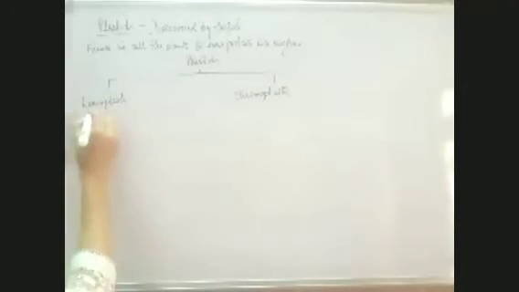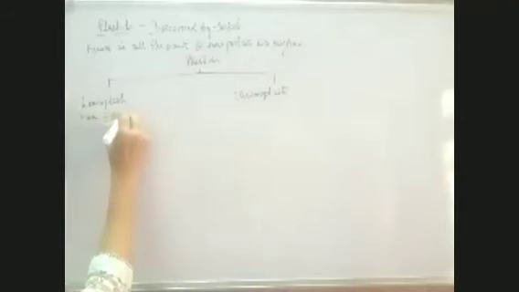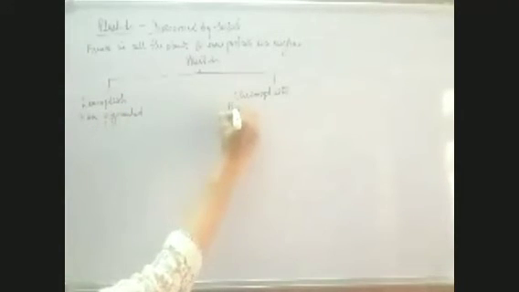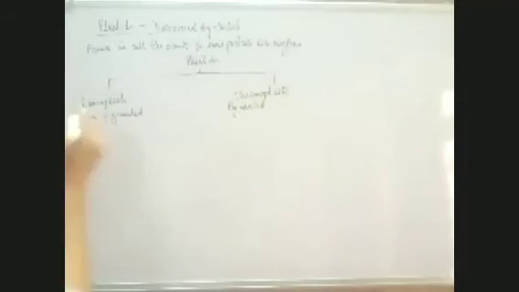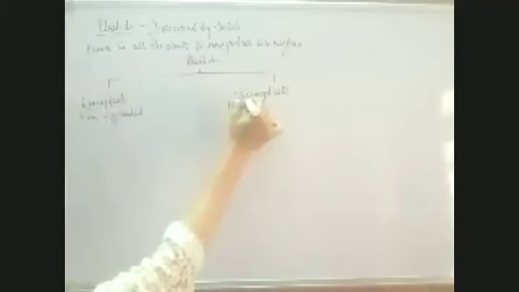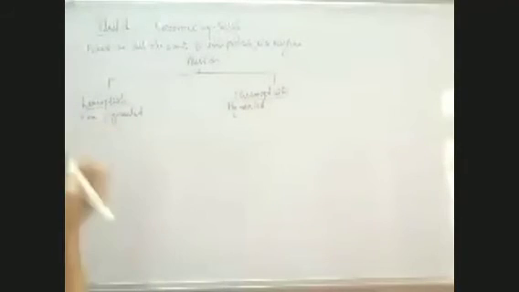Now these are non-pigmented. No pigments are present in these. And these are pigmented. That means pigments, the colors, are present in these. Another point is leucoplast.